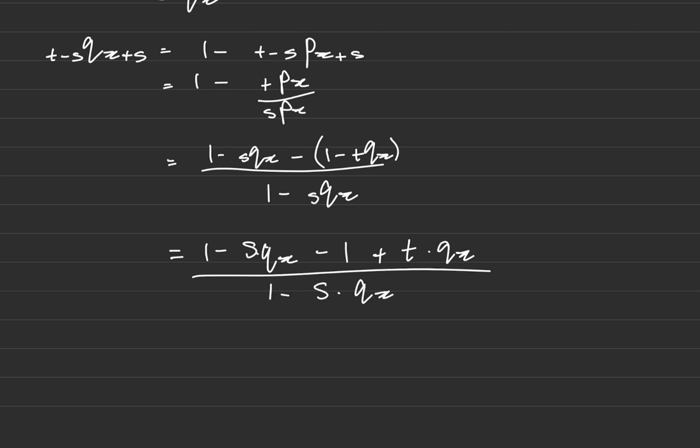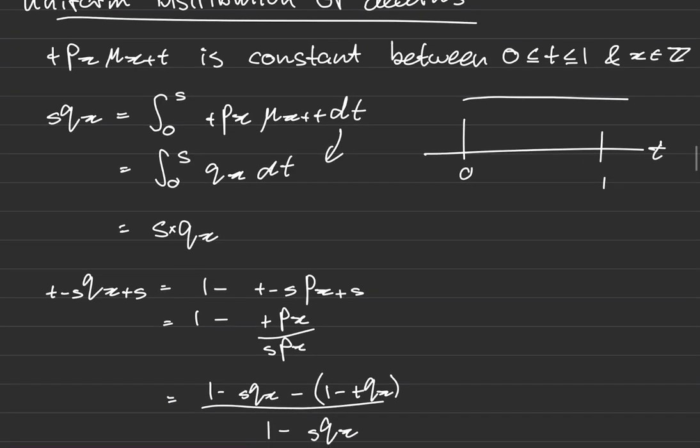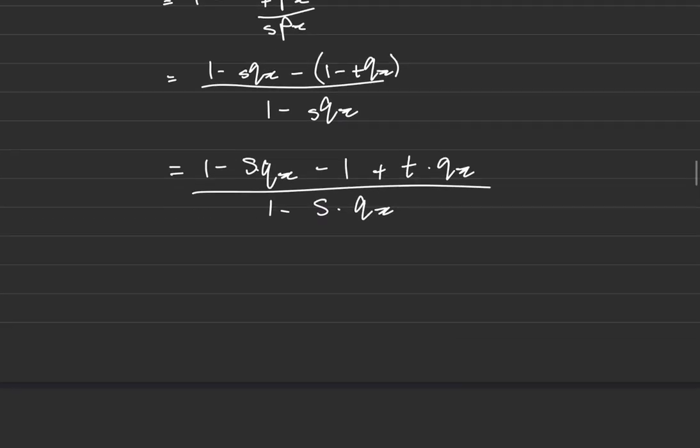Okay, and why is this useful? Well, it's useful because s and t are both less than 1 here. So I don't actually have this probability exactly, so I approximate it with s times by qx if I can assume uniform distribution of deaths.